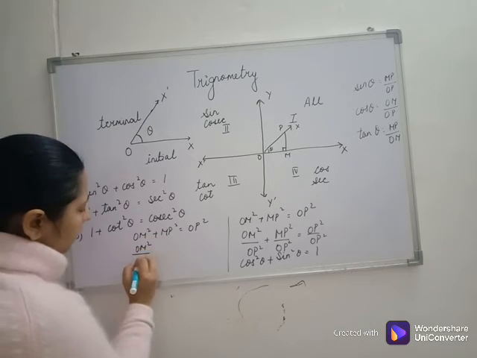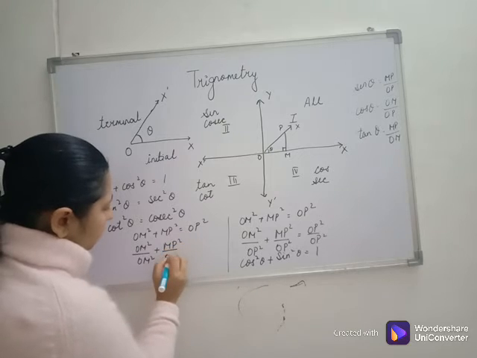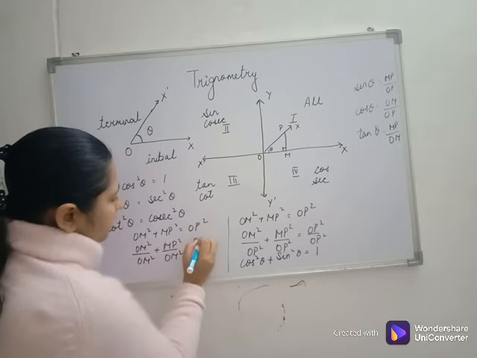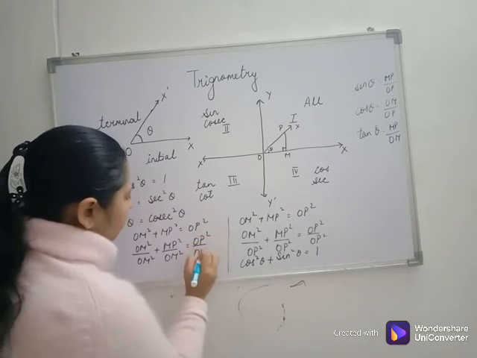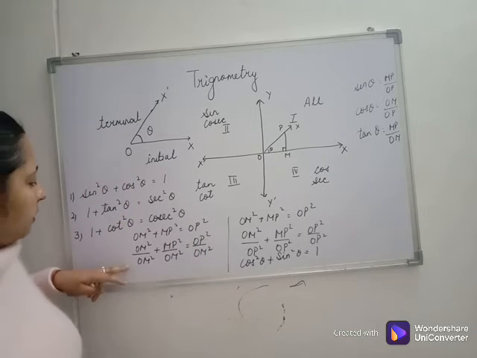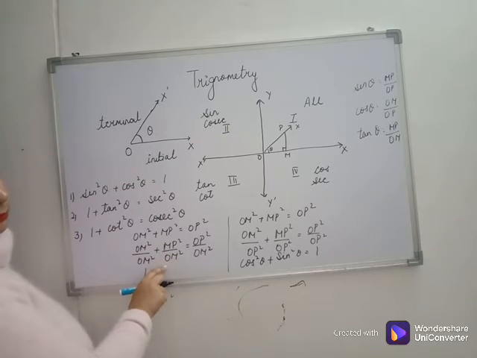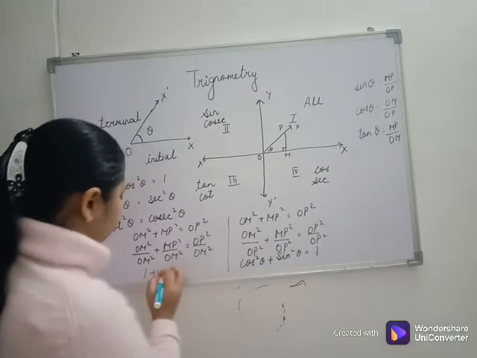OM square by OM square plus MP square by OM square is equal to OP square by OM square. Clear this much? OM square by OM square is 1.